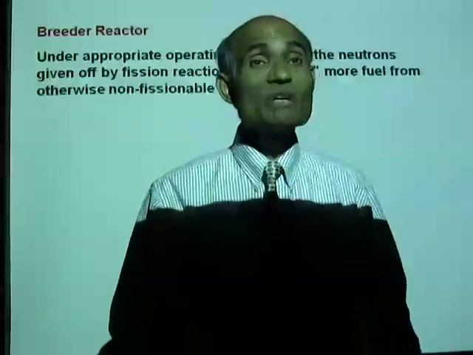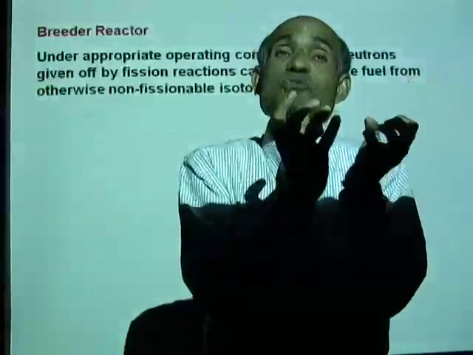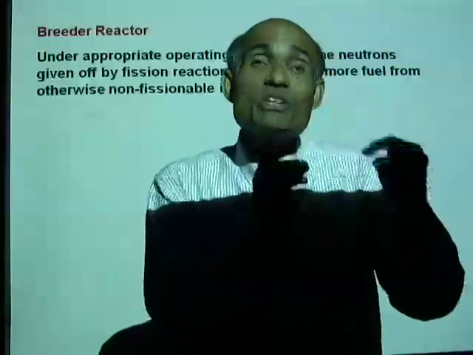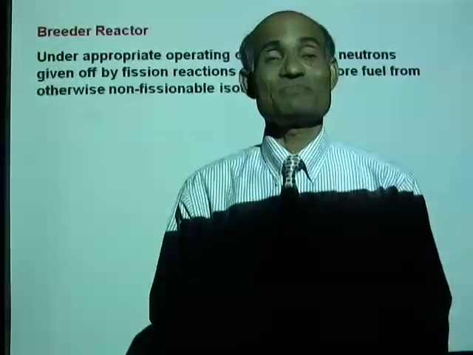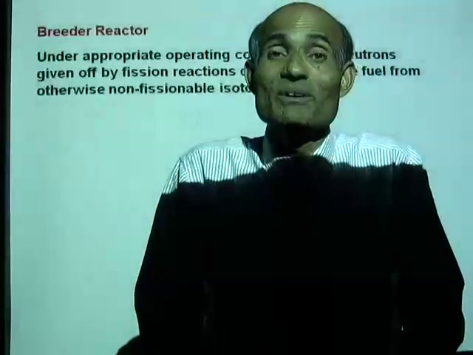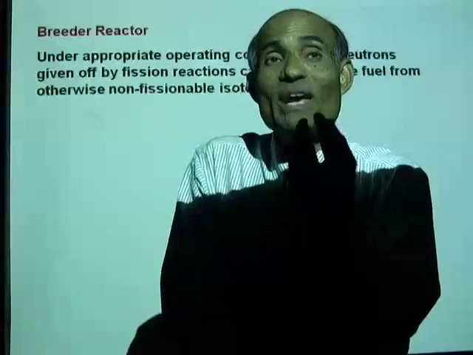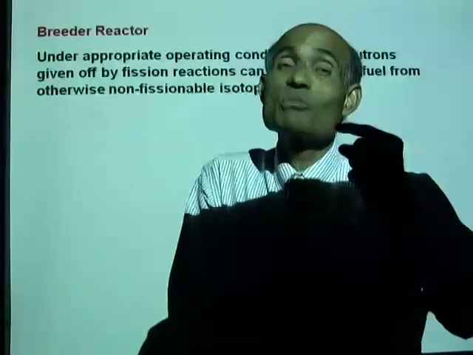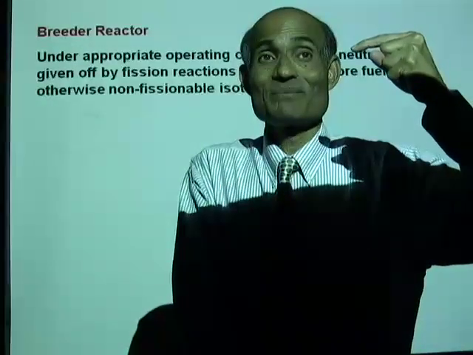Now, in a breeder reactor, you can actually make that uranium-238, which is otherwise non-fissionable, into fissionable material by making it radioactive. Now, how is that possible? You know that when a radioactive nucleus emits a beta radiation, the atomic number increases by 1 unit. That's right.